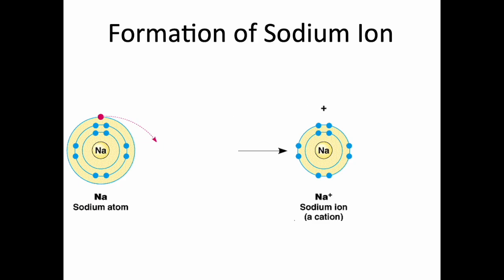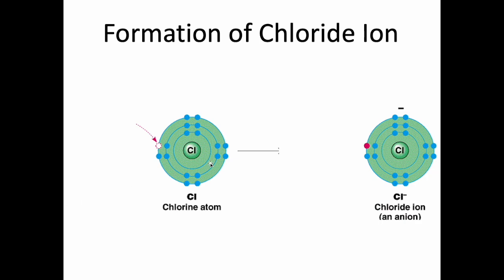Here's another example of sort of the opposite situation. Here's chlorine. By default, it has 1, 2, 3, 4, 5, 6, 7, 8, 9, 10, 11, 12, 13, 14, 15, 16, 17 total electrons and 17 protons. That is very close to 18.